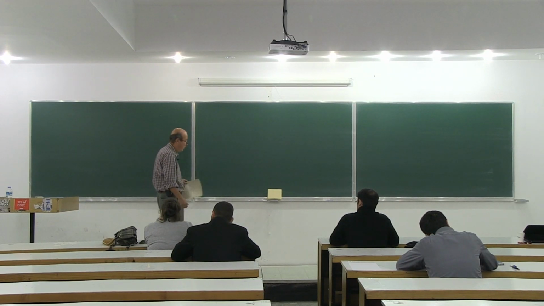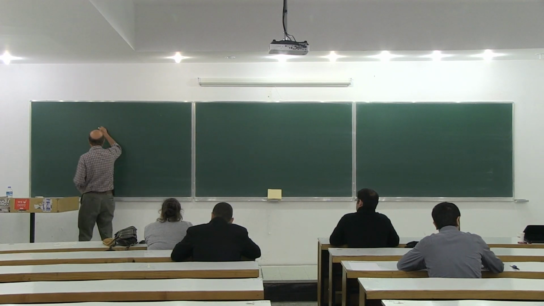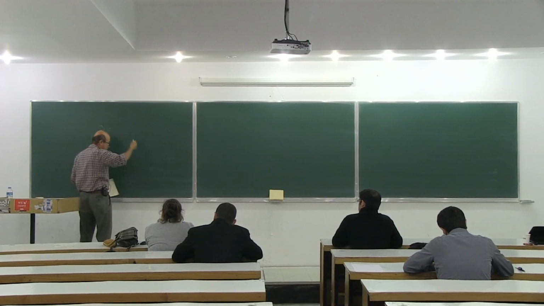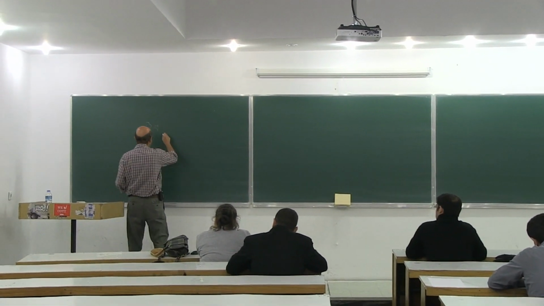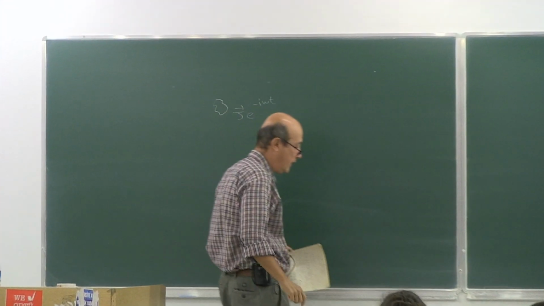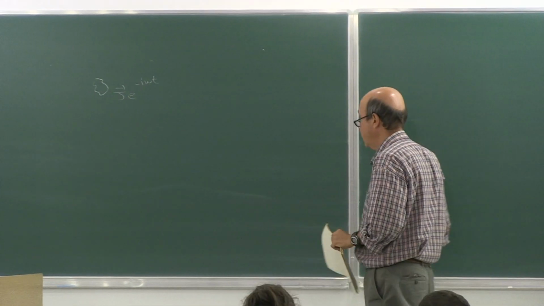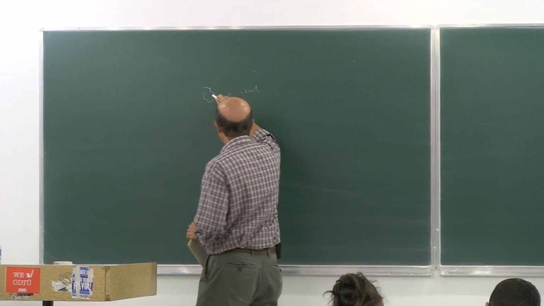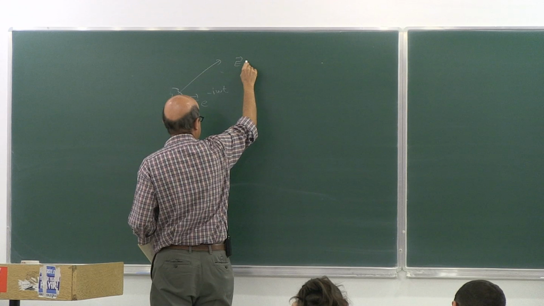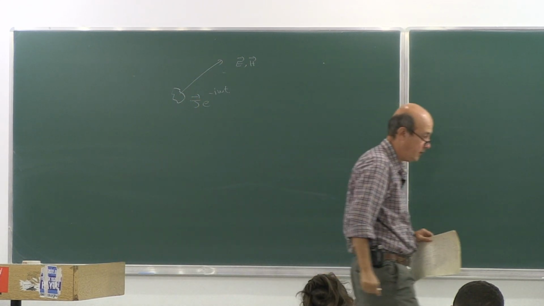So what we have done, we said that we have some localized charge density, or current density is better, oscillating harmonically in time, and we are interested in looking at the fields, basically electric field E and H, magnetic field.